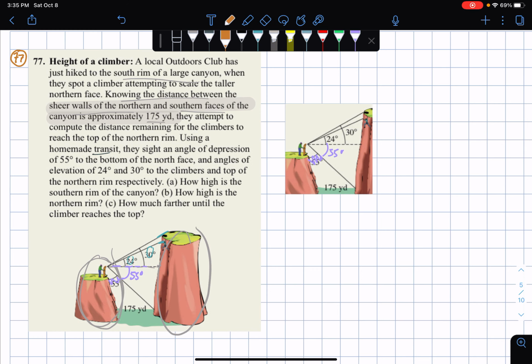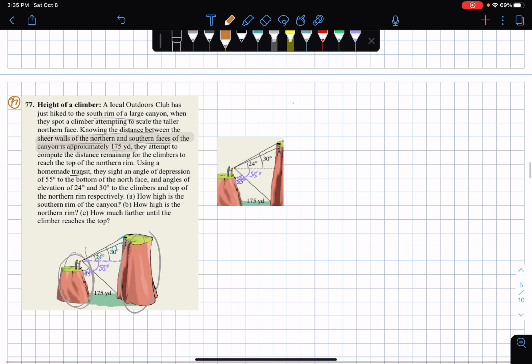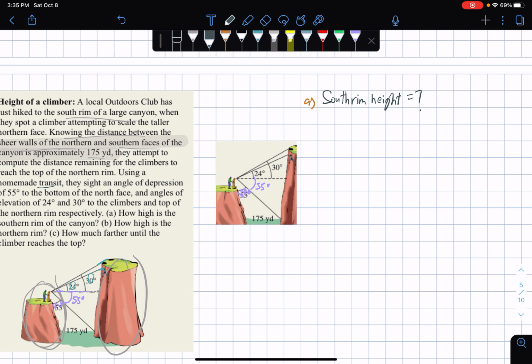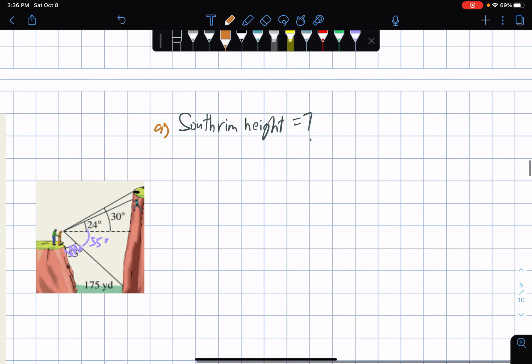So question A: how high is the southern rim? That's the missing value. Let's find letter A first, the southern rim height.